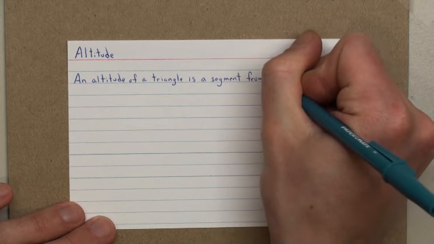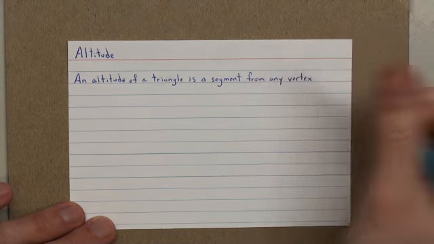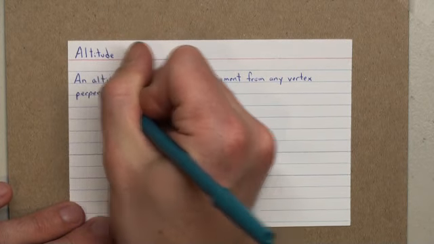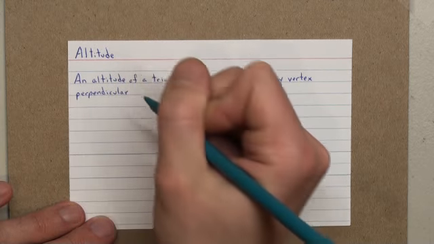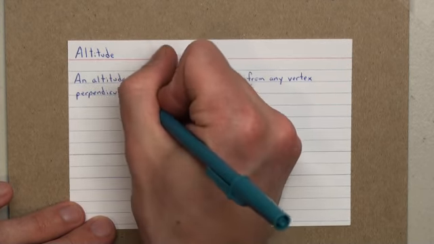So from any vertex, and then it's perpendicular to the line containing the opposite side.